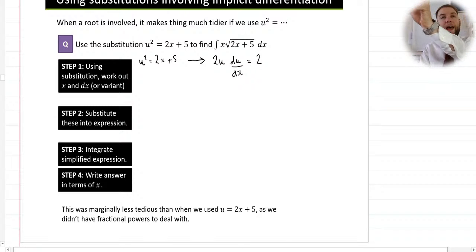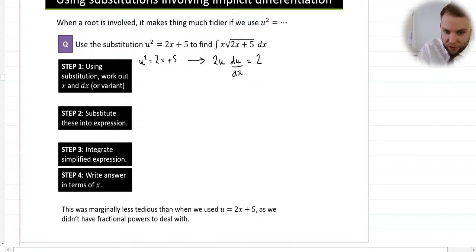Because 2x differentiated with respect to x is equal to 2. 5 differentiated with respect to x is equal to nothing. The hard part there is knowing how to differentiate that u squared, and you differentiate it in a very similar way you differentiate y squared.